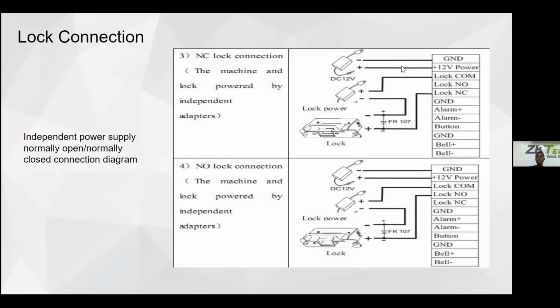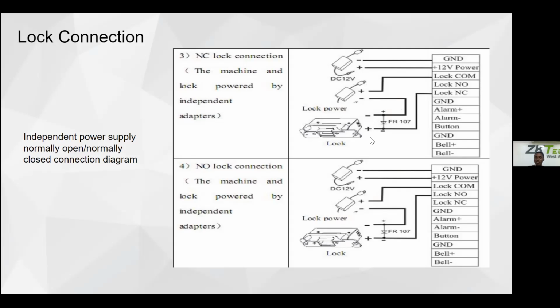So this goes to GND, and then this goes to 12-volt power. And then this lock power goes to lock COM, and look at this, the negative of your lock power will come to the negative of your lock.